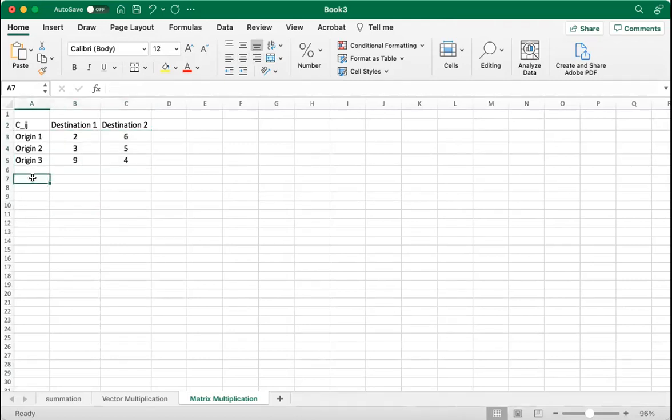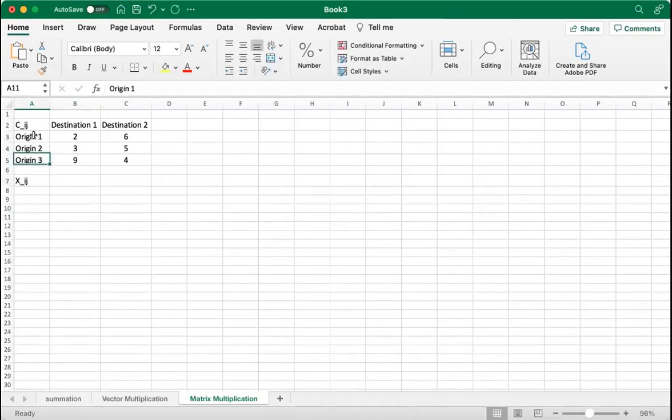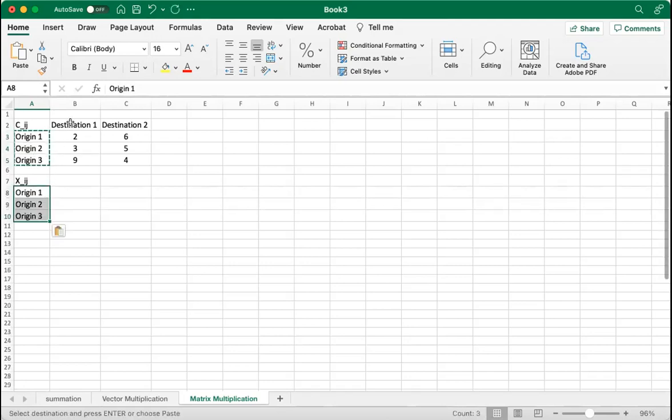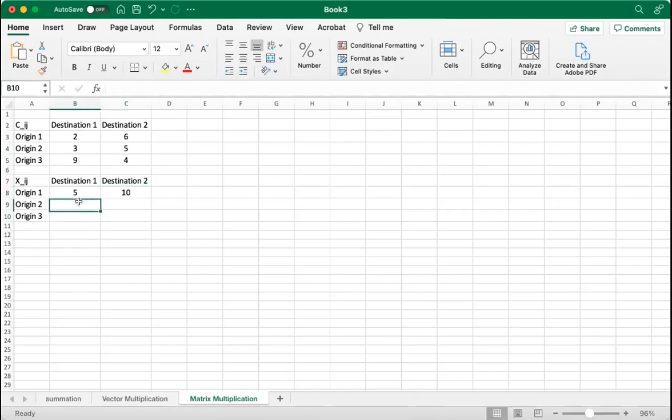And then we had the shipment amounts. I'm just going to copy the origin, and I'm going to copy the destination. Now the amounts shipped were 5, 10, 28, 12, 30. Okay, these are the amounts.